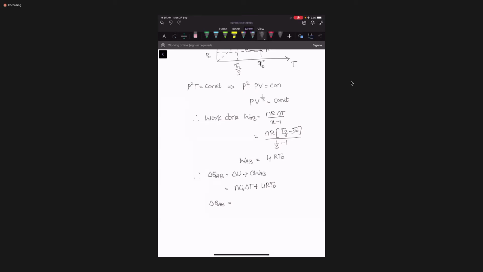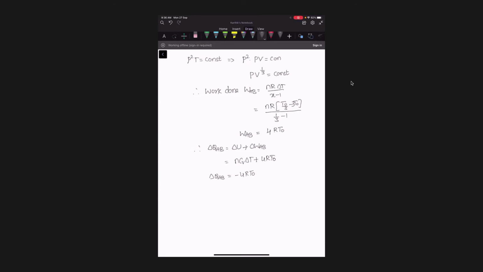Number of moles is 2. 2 gets cancelled, 3 gets cancelled. Minus 4 R T naught, because T naught by 3 minus T naught.